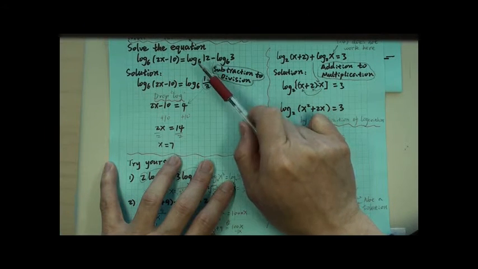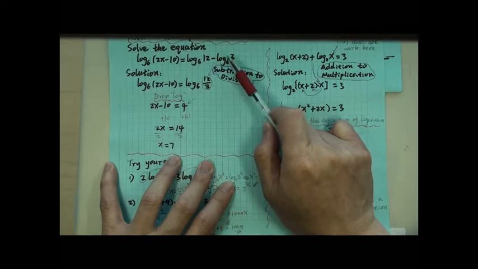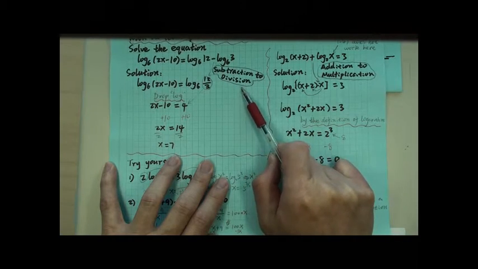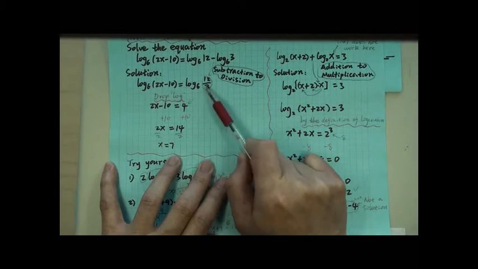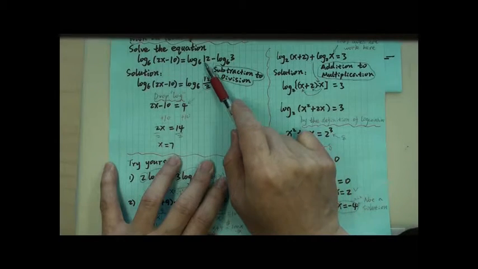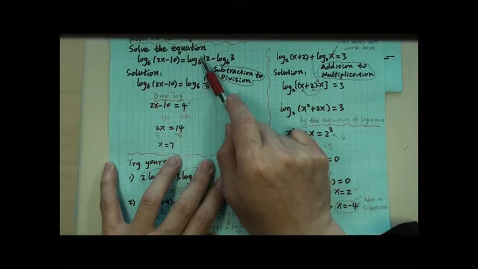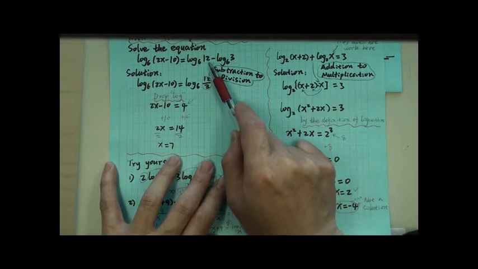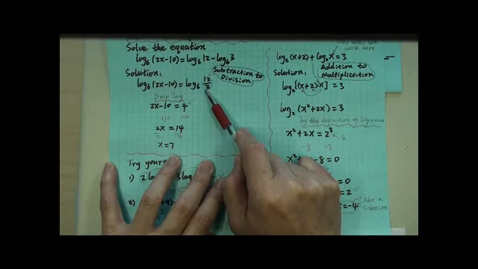Before you drop the log, change the subtraction into division on the right hand side: 12 minus, here is the whole thing minus this log, then 12 over 3.